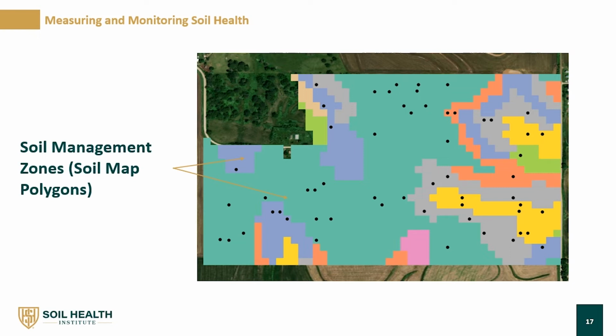In this example, we're looking at several colors of management zones. Each of these would ostensibly have a specific fertility rate or maybe cropping rates associated with them. But in the context of this discussion, we're really going to be focusing on using these zones to measure soil health.